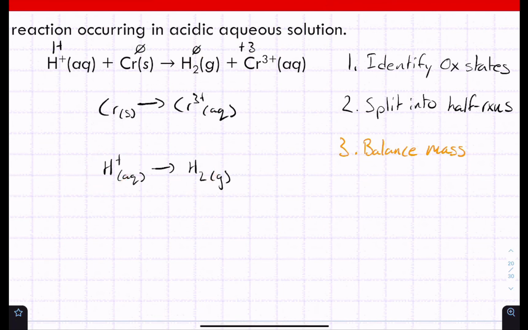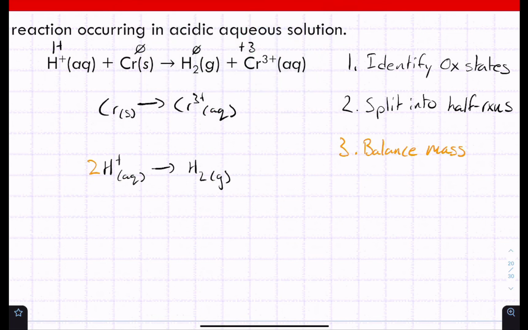So we know that we need 2 H+ to be H2 on the other side. We could also add oxygens by adding water, or hydrogens by adding more H+, if it wasn't already part of the reaction. So that's kind of what we're doing there.